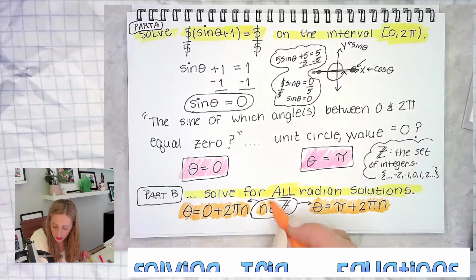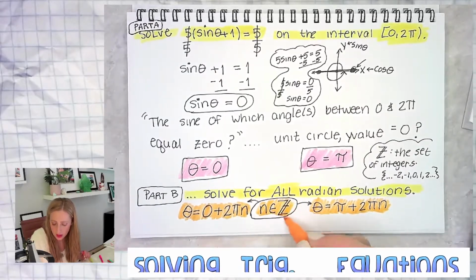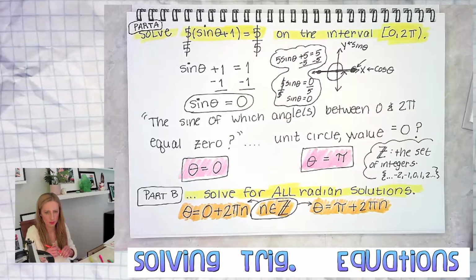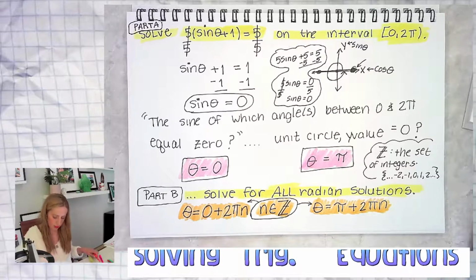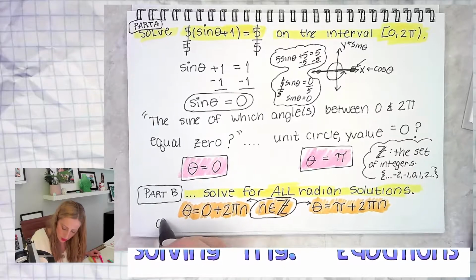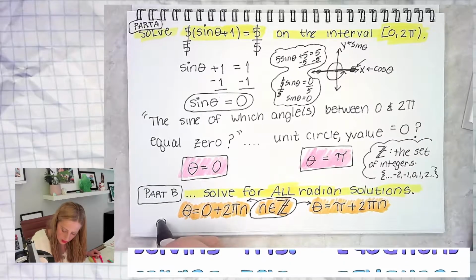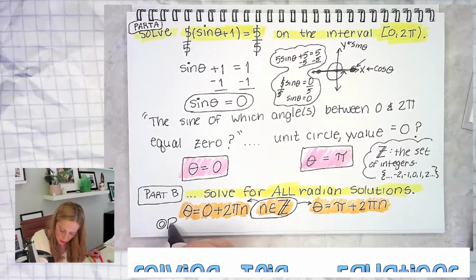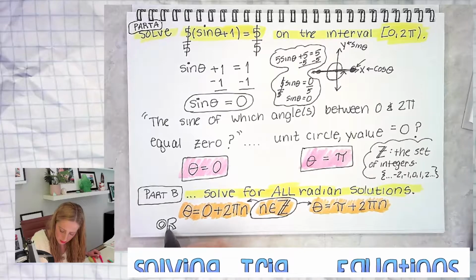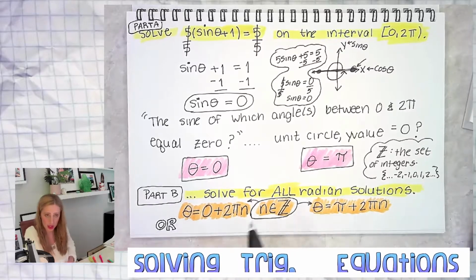How can I combine them into one equation? What could I change? Do you think you know, or do you think you're confused? Confused. Okay, so look again, ready?